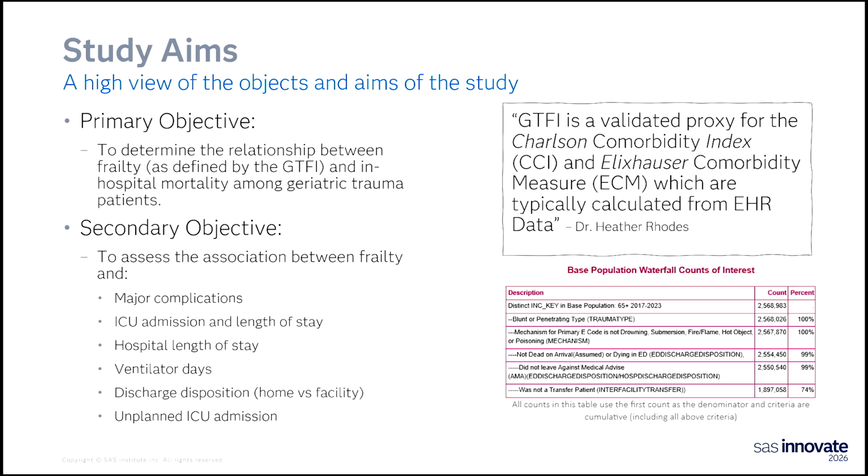This study is active as of last week, so I can't publish the results yet because we want to do that in a major journal. I'll just be honest on that. But these are the type of inclusion criteria that I tend to see. If you look at these numbers, we're looking at about 2.5 million rows that we're using to come up with our study outcomes.